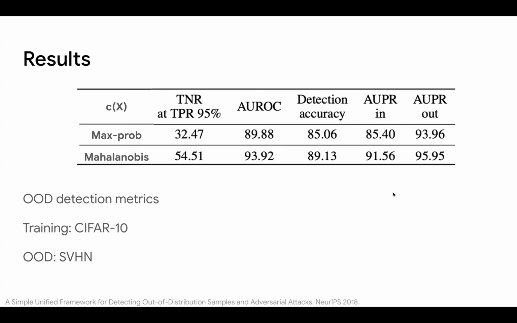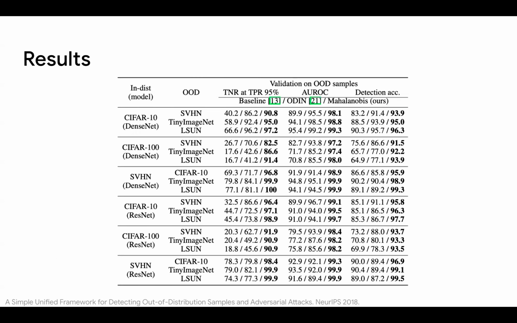Yeah, but these are just examples. I'm not trying to say that Mahalanobis distance is always better than max probability. This is just for this particular setup, and there's no guarantee. And yeah, as before, there are also metrics like AUROC that they measure.